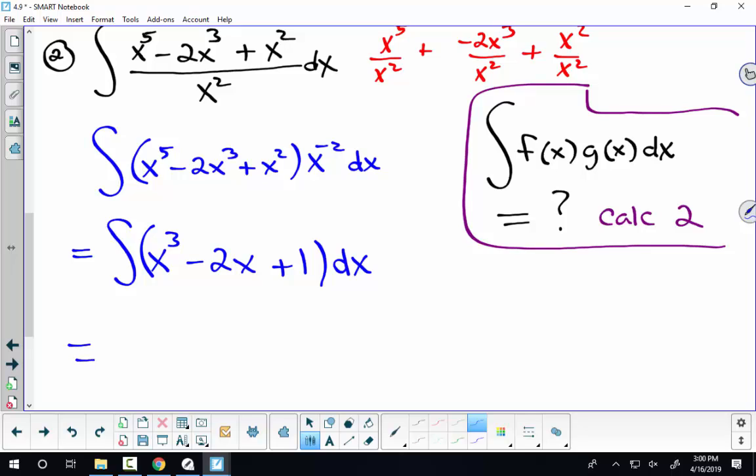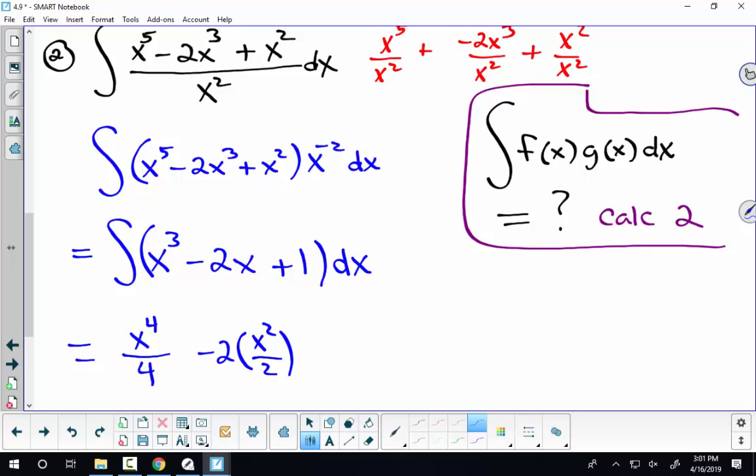Okay, so the antiderivative of x cubed gives us x to the 4th over 4. Or if you want to write 1/4 x to the 4th, that's fine. What's the antiderivative of minus 2x? Remember, the constant here is getting pulled out of the antiderivative. So you have the antiderivative of x is x squared over 2.